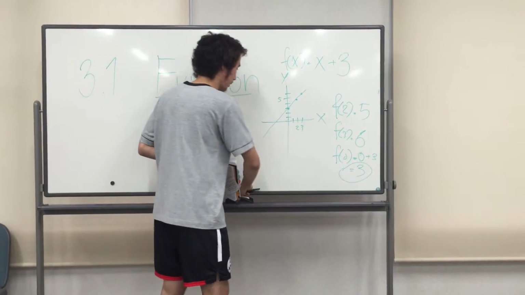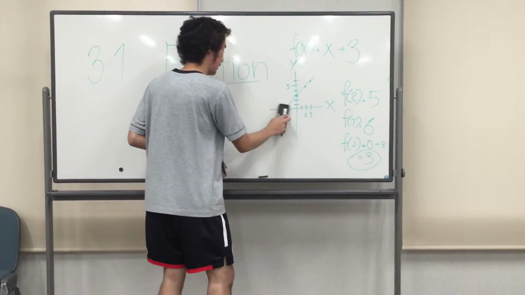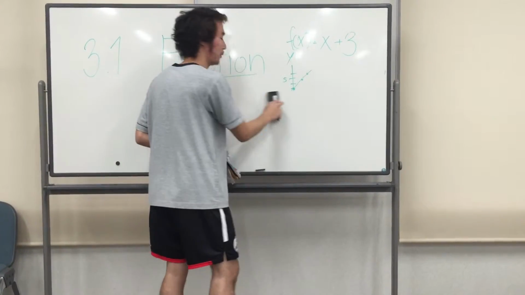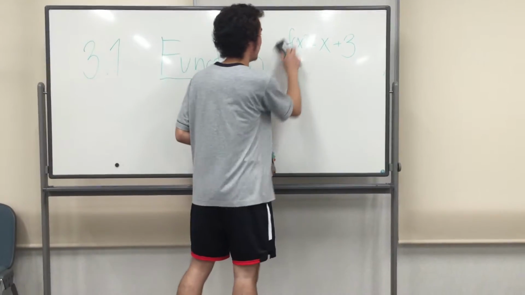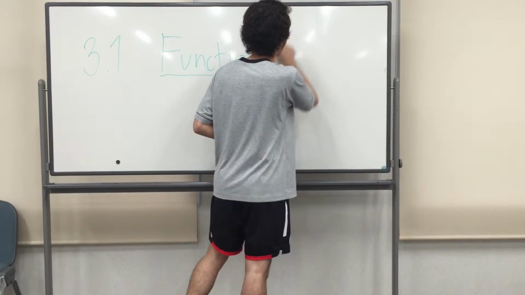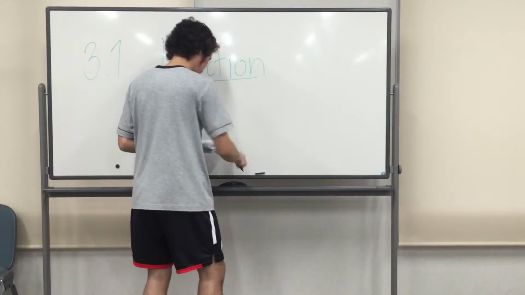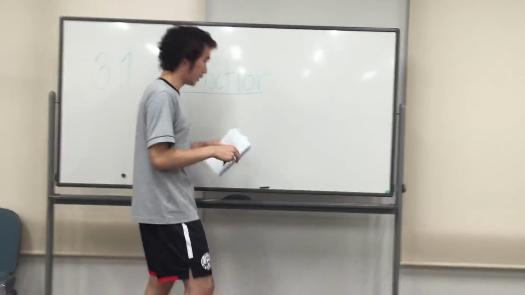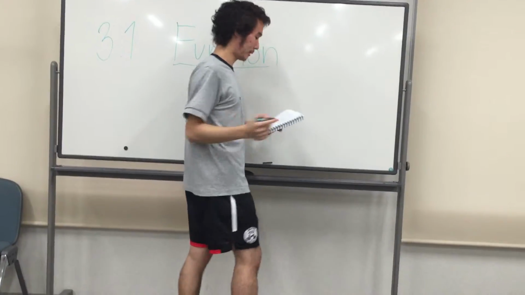I'll give you an example, because it seems confusing, right? What I have said: if a function has two outputs, it's not a function. Doesn't make sense, right? So I'll give you an example. Let's graph.